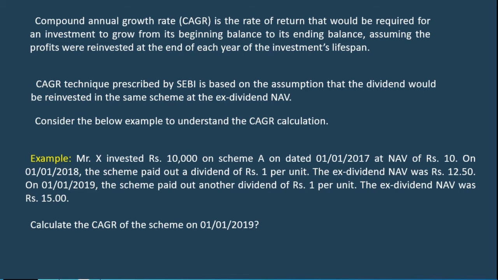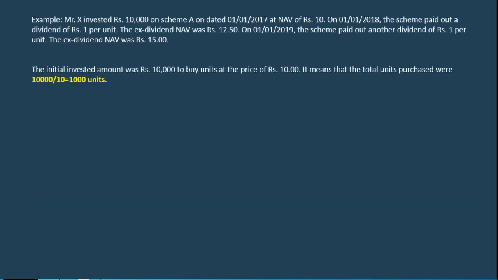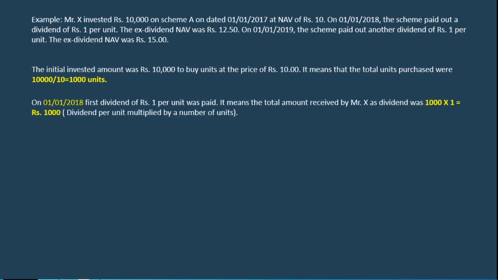Let's see. In our example, the initial invested amount was rupees 10,000 to buy mutual fund units at rupees 10 per unit. So on 1st January 2017, in total 1000 units were bought. On 1st January 2018, the first dividend of 1 per unit was paid. What it means is that the total amount received by Mr. X was 1000 into 1, which comes to rupees 1000.